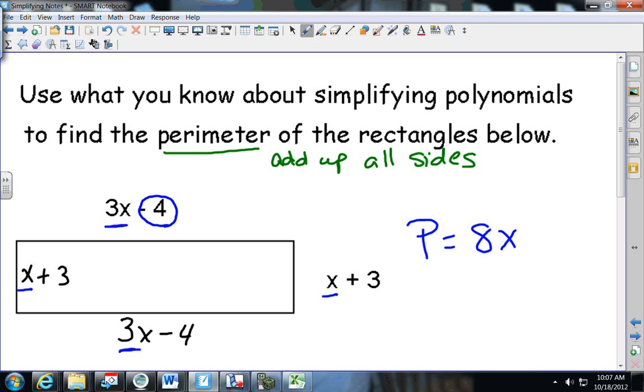You have negative 4 and negative 4. That's negative 8. Then you have 3 and 3, which is 6, which gives me negative 2. So it's minus 2. Please make sure that you don't make the mistake of only adding up 2 of the sides. That's one of the most common mistakes.